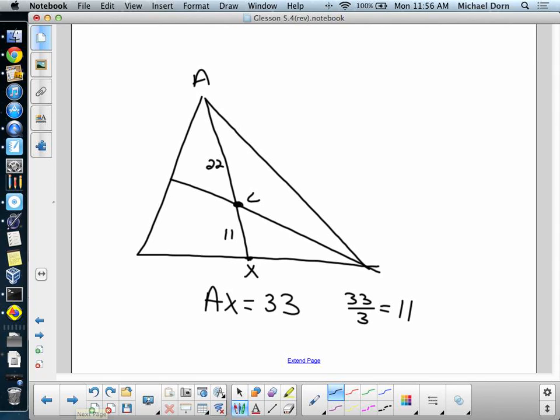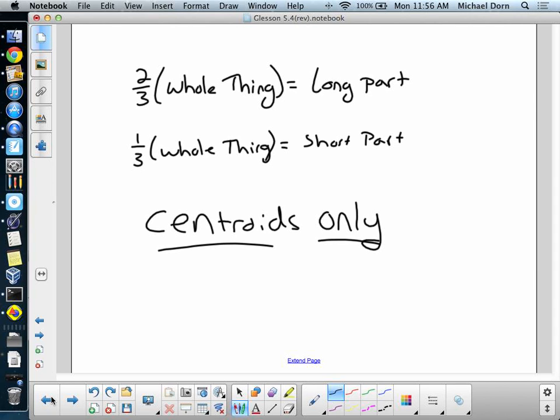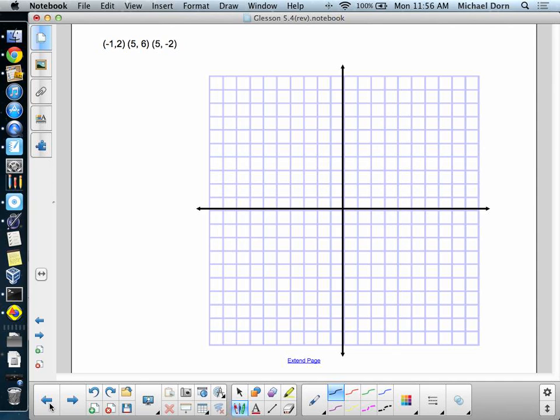If I divide by 3 and get 1 part here, that's 1/3, right? If I divide by 3 and get 2 parts, that's 2/3, right? It's just a different way of thinking about it, but it tends to be a little easier for a lot of people. And like I said, a lot of your homework revolves around that idea of this.